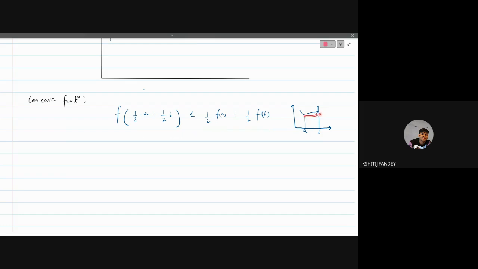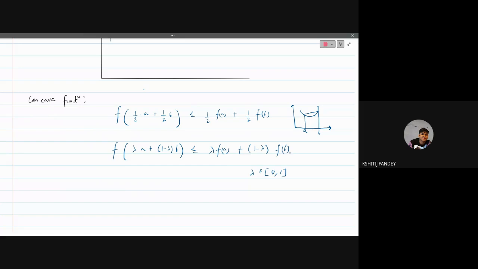To move here, we can change the value of the scalar. When we want to move in this interval, we can set this scalar to lambda. So the inequality becomes f of lambda times a plus 1 minus lambda times b is less than equal to lambda times f of a plus 1 minus lambda times f of b. And the important thing is that lambda belongs to the interval 0 to 1.